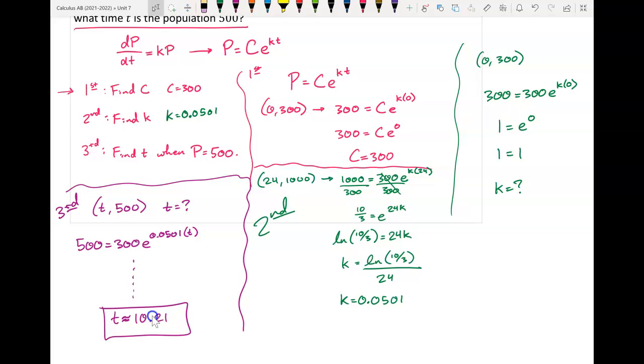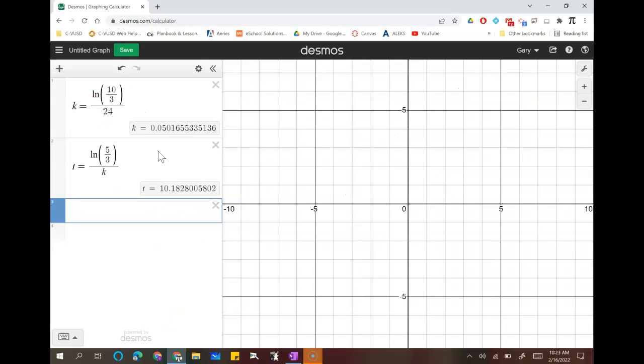Actually, I wonder what the exact answer is. Let's see. So K, we could say K is this. So let me actually plug it into Desmos with the exact values there, and I wonder what our exact answer is. All right. If you're curious what the exact answer is, it's 10.182 or 183.